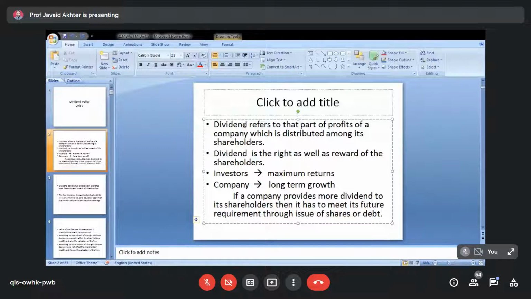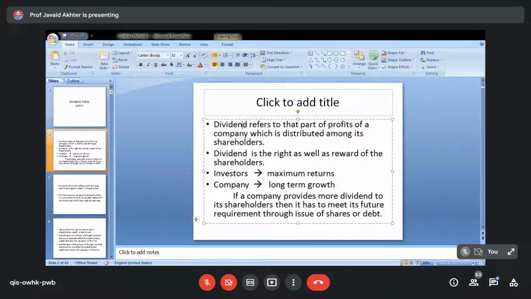With the help of this, you calculate DPS. Now, dividend is a right as well as a reward of the shareholders. When I say right, the shareholders have the right to receive dividend. They will decide how much dividend should be paid. Naturally, it will be decided by majority. And also it is a reward for the investment that they make in the company.